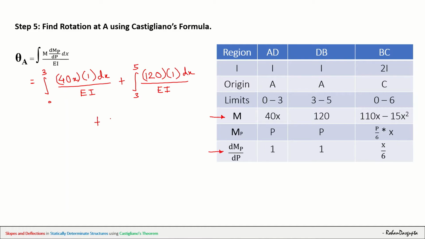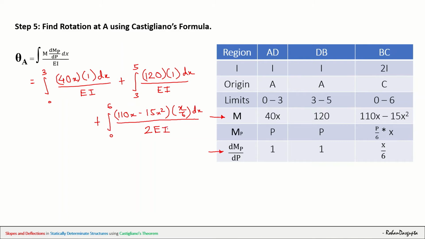Plus integration for BC, this is 0 to 6, the value of M is 110x minus 15x square, the value of dMP by dP is x by 6, dx. Be very careful here, the value of EI will be 2EI.